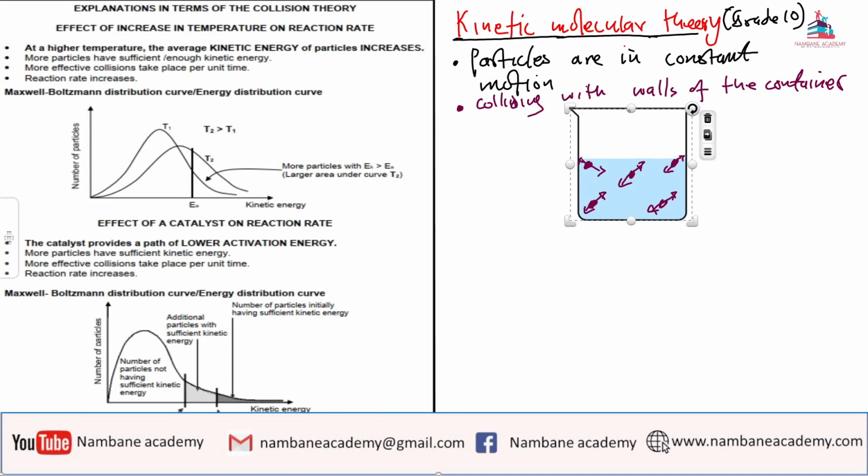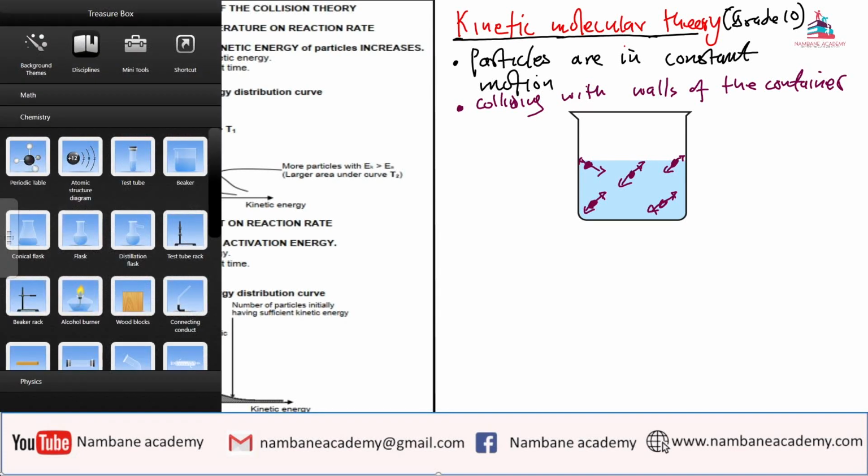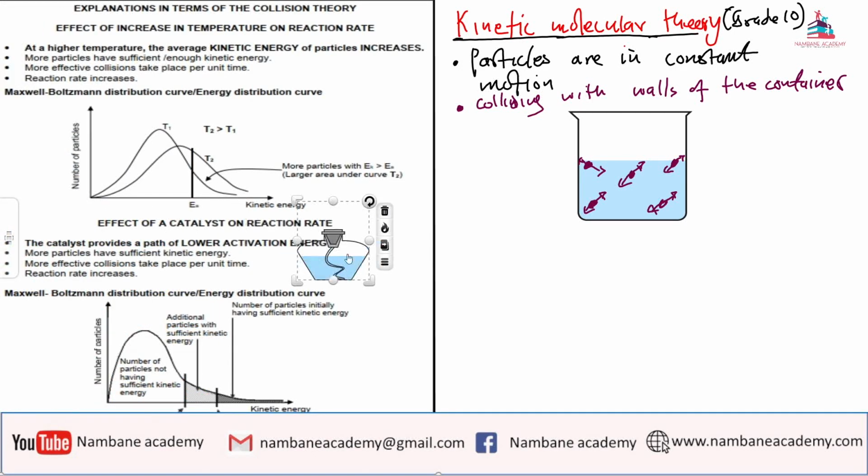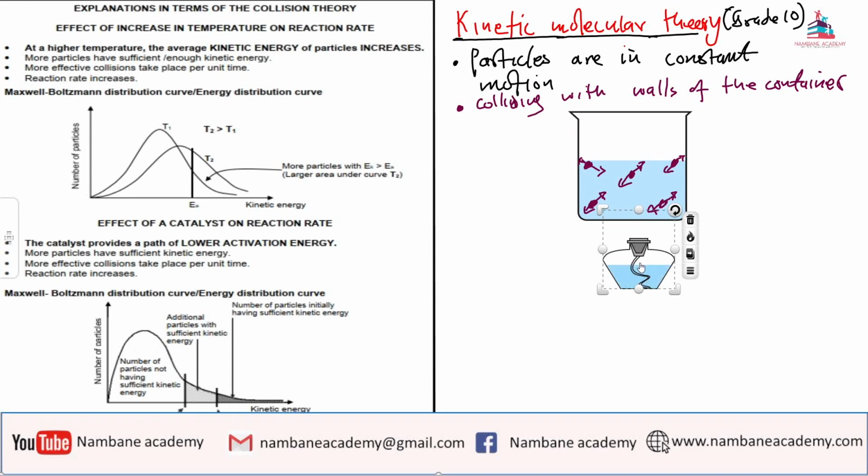My interest now has shifted to say, because they are always moving, can I introduce a Bunsen burner to this particular reaction? And how will this now influence the particles themselves?